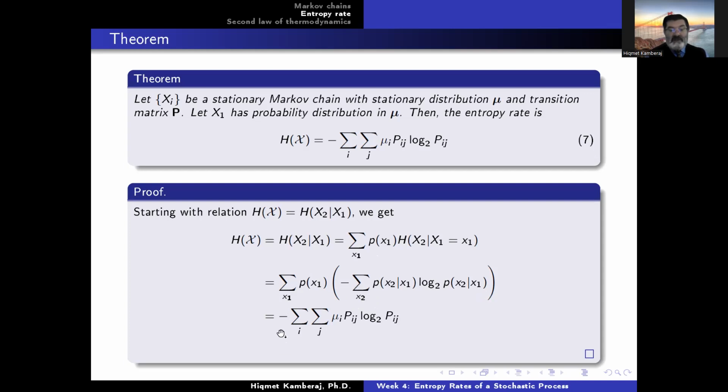Then this is equal to minus the sum over all i's, sum over all j's. P of x1 is replaced with mu_i. P of x2 given x1 gives me P_ij. Then I have log with base 2, and another time I replace P of x2 given x1 with P_ij. Then I obtain equation 7 that I wanted to show.